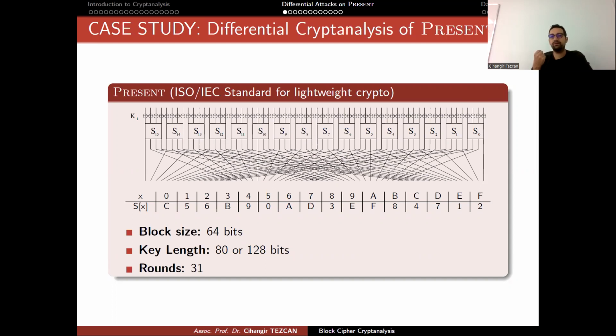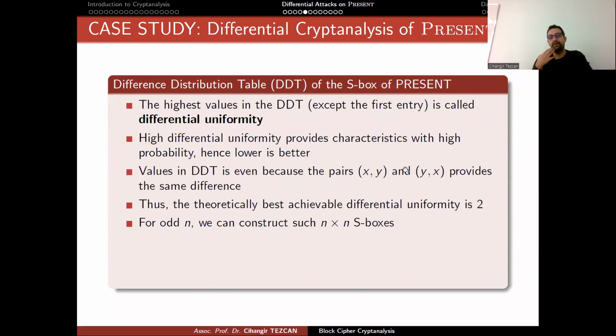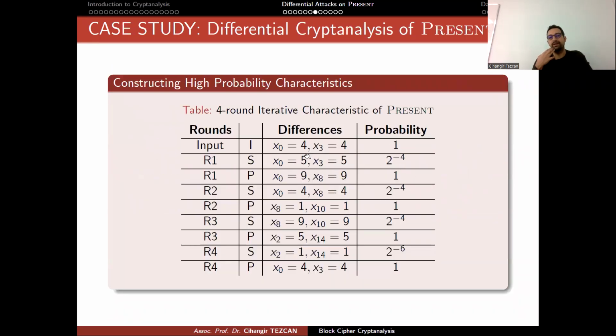Then we want to see what will happen to these 2 bits. So after the key addition layer, nothing happens, only these 2 bits are flipped. But after the S-box, we can only say that it will be this with some probability. So in this characteristic, they say that after the S-box operation, x0 will have the output difference 5, and x3 will have the output difference 5.